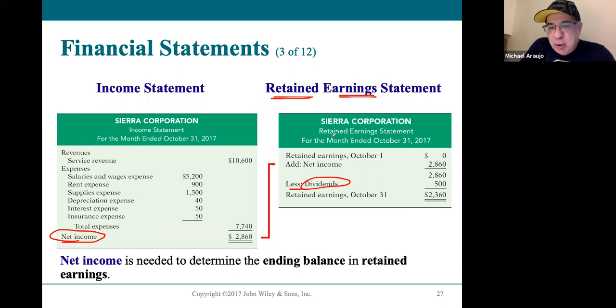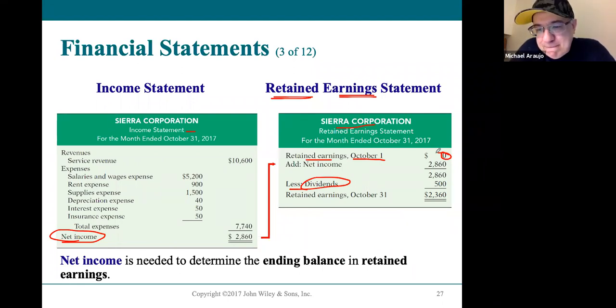This is a brand new company, Sierra Corporation. It just started. And so it didn't have an income statement for September. It only has October as its very first income statement. So the beginning balance from October 1st is zero because this is a brand new company, fresh out of the box.